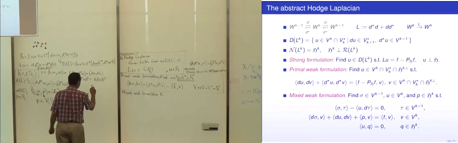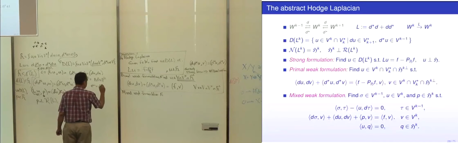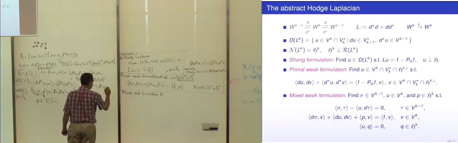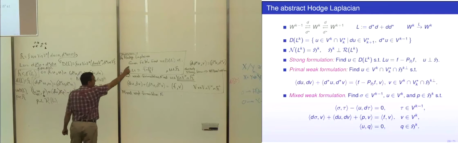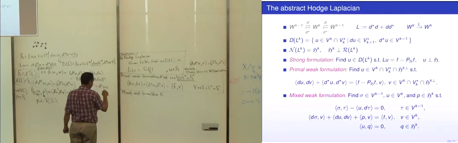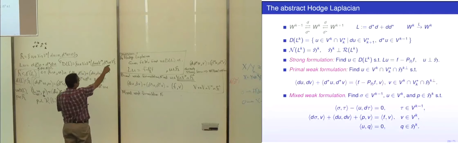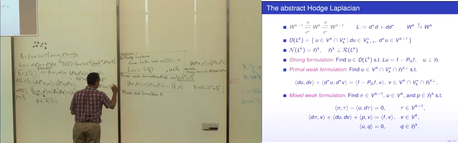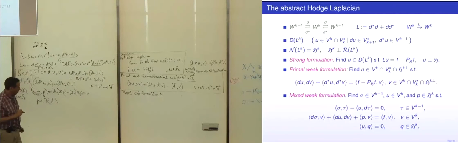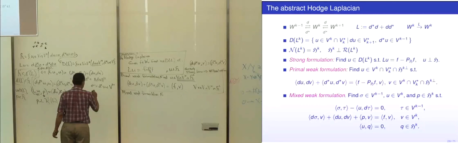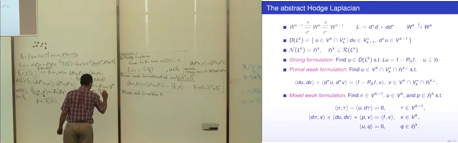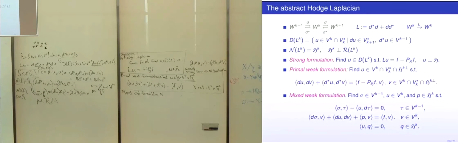I'm going to introduce sigma is d star u. So if I start with a solution of the strong form, then by definition d star u is in V, V k minus 1. And I'll also give a name to pH of f, the thing you have to subtract off from f to get something in a well-posed problem.